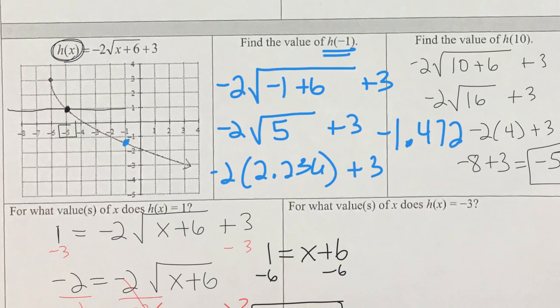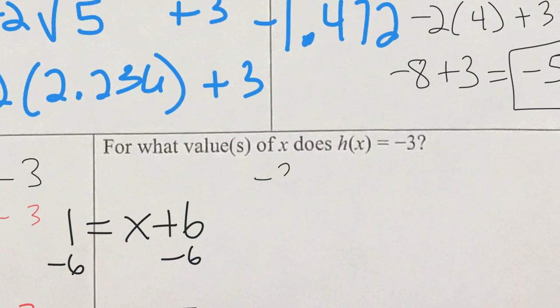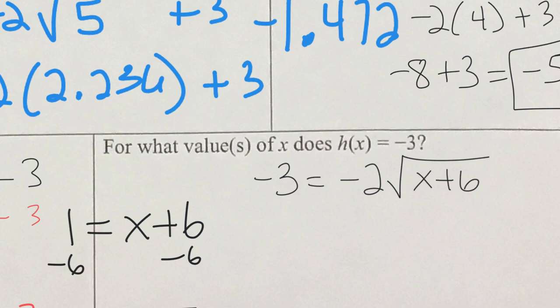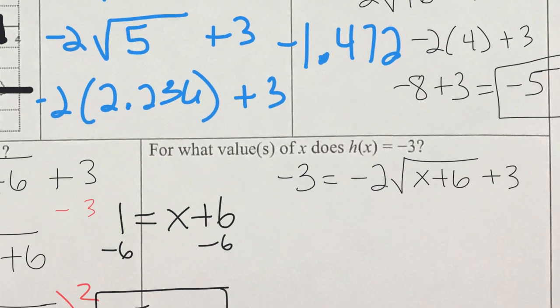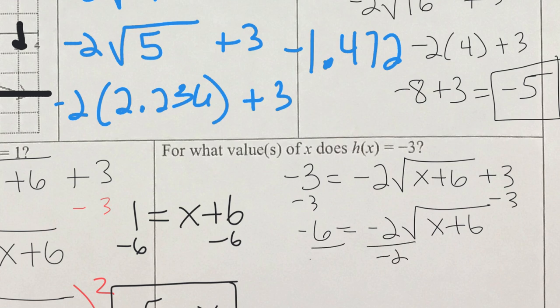And our last one, when is h of x equal to negative 3? Okay, we can probably guess that is going to happen here, but let's just verify, right, algebraically. We want to know when this equation equals negative 3. So this is where we start off with, and we do our simple subtraction, and then we do our division, and then we do our squaring to get rid of the square roots.